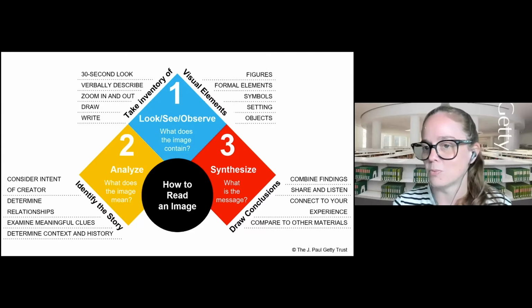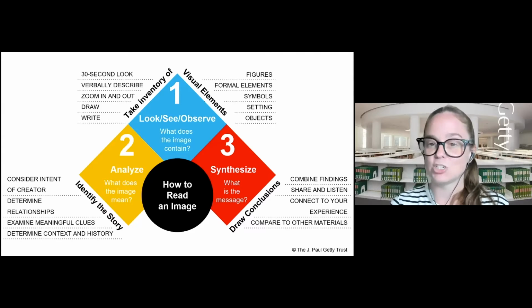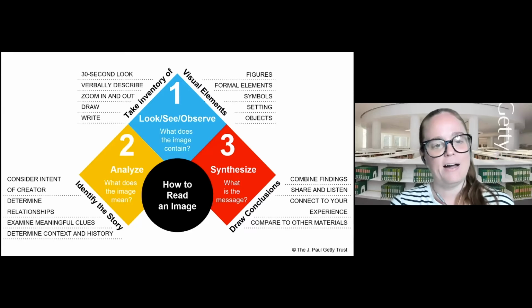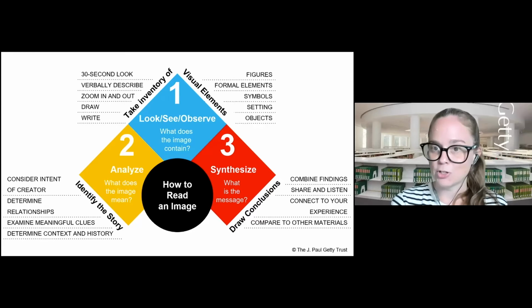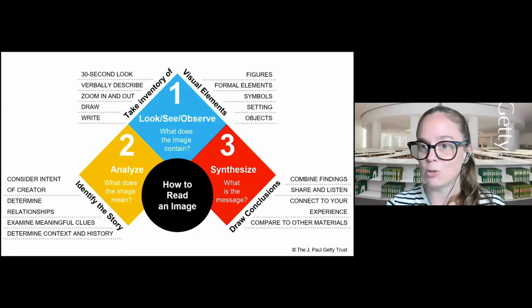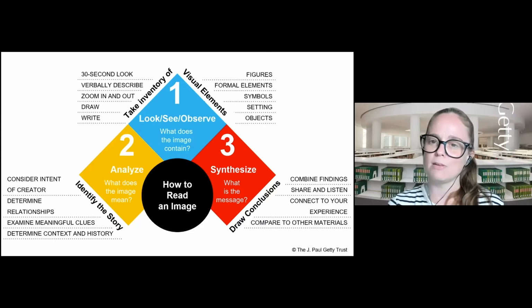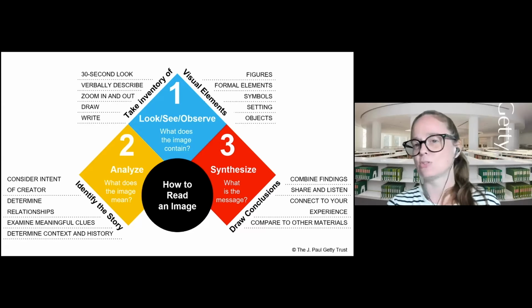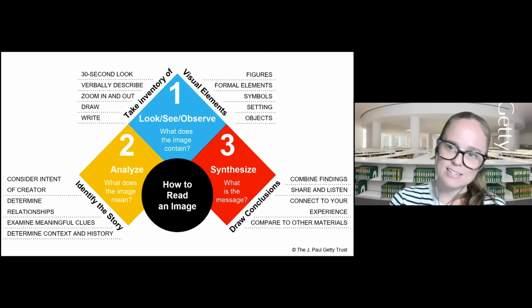What are the relationships between all these visual elements that you have identified? You can also examine meaningful clues. So if there are some symbols that you have found, or maybe there is the biggest figure in the picture, maybe that's a clue. So really dissecting these things on a deeper level.